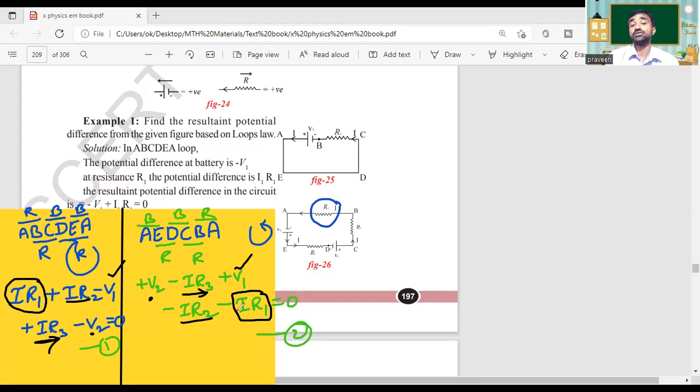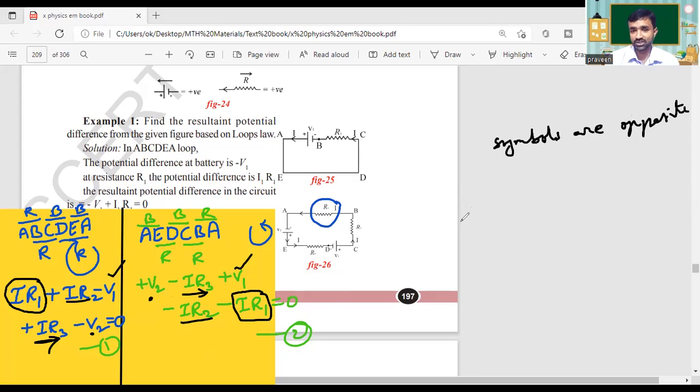But the symbols are opposite. What is the difference? The components are the same, but the symbols are opposite. The symbols indicate you traveled through the loop in the opposite direction. So that's why the symbols are opposite.